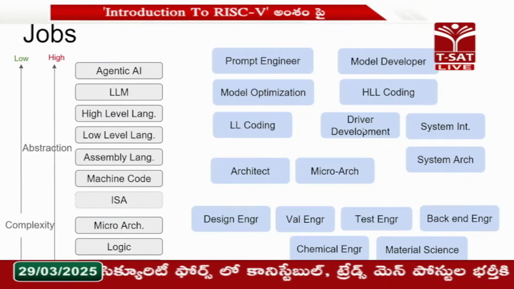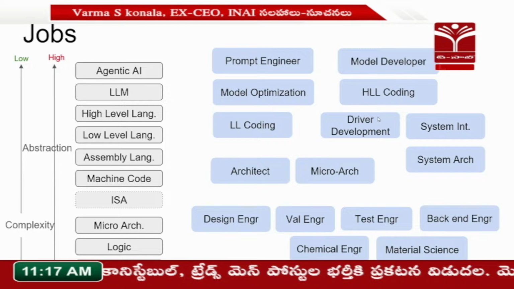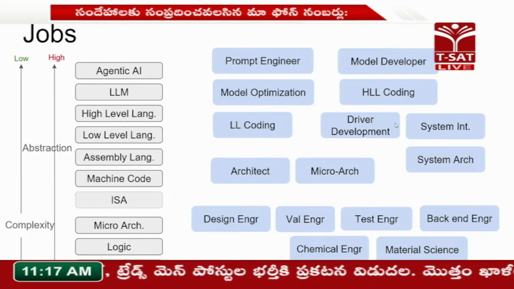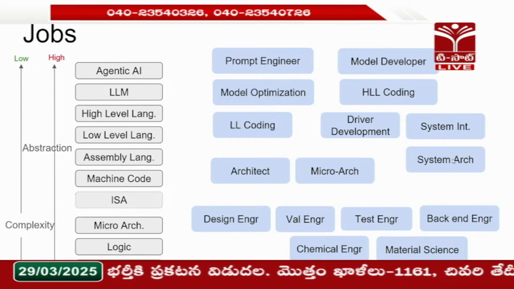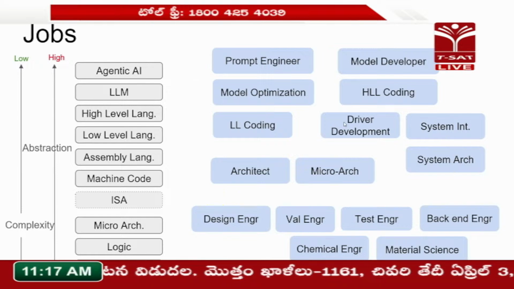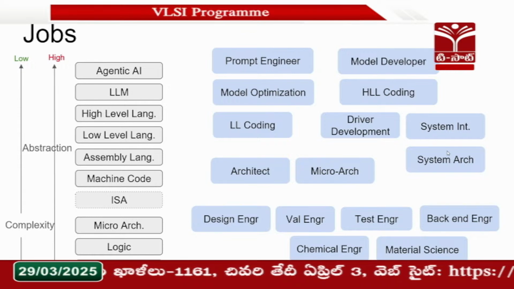And if you come a little bit lower in the stack, at the system level, there is driver development, there is system integration effort, there is system architecture effort. So this is not supposed to be comprehensive. I just listed various typical jobs.